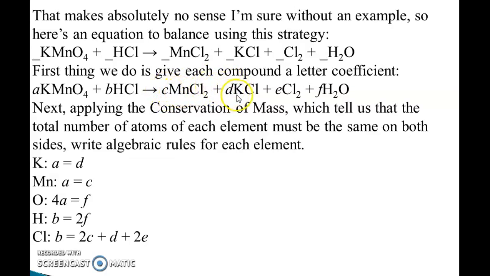We kept d along with KCl, e along with Cl2, and similarly f along with H2O. As many products or coefficients as there are, we follow the sequence of putting letter coefficients. So here in total we have a, b, c, d, e, f. All letter coefficients are put along with the chemical compounds.